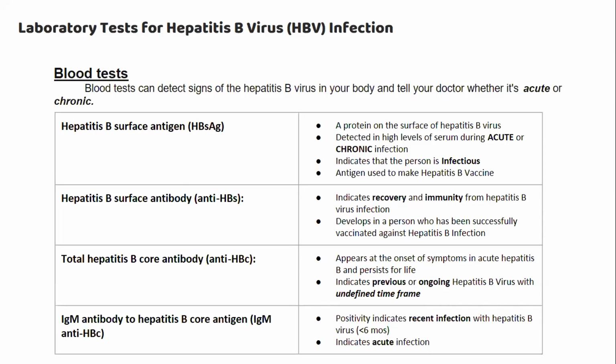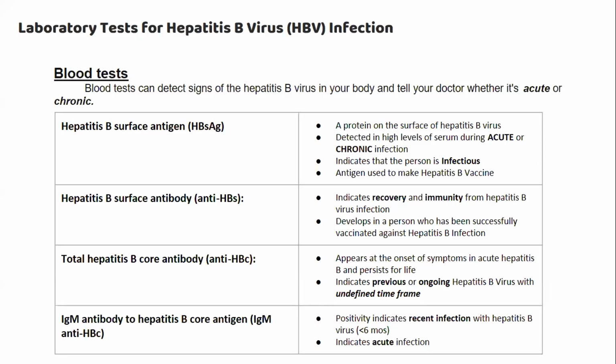Next is the hepatitis B surface antibody. So the presence of the hepatitis B surface antibody means that you are recovering or have immunity from the hepatitis B virus infection. And if you are positive or reactive, this indicates that a person is protected against the hepatitis B virus.